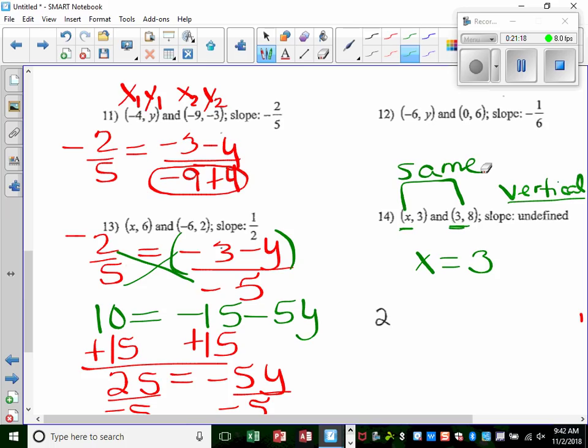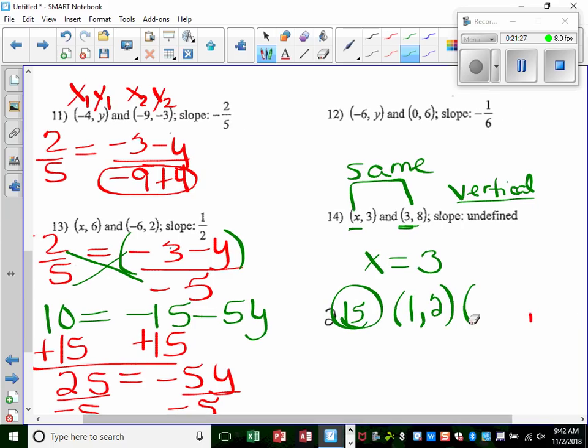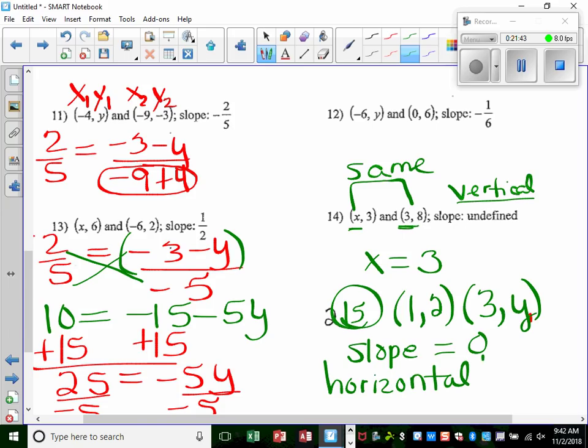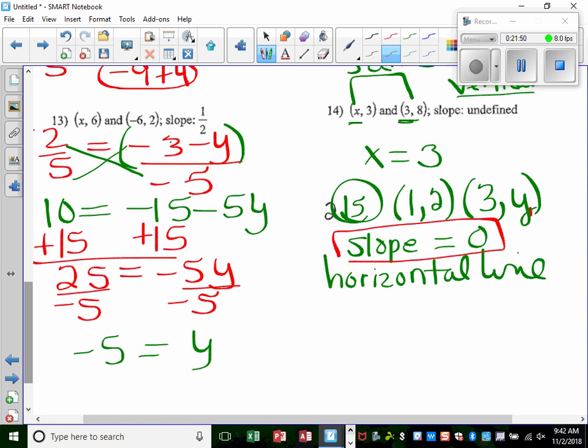So let's do one where, let's say, they gave you this: 1, 2, and then they said 3, and you didn't know this one. But they do tell you the slope equals 0. So now what type of line is this? A horizontal line. How do I know it's a horizontal line? Because they tell me the slope is 0.